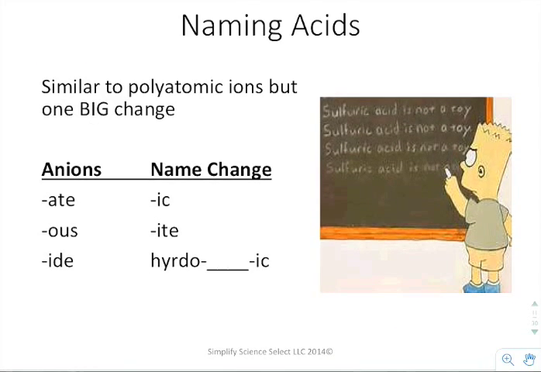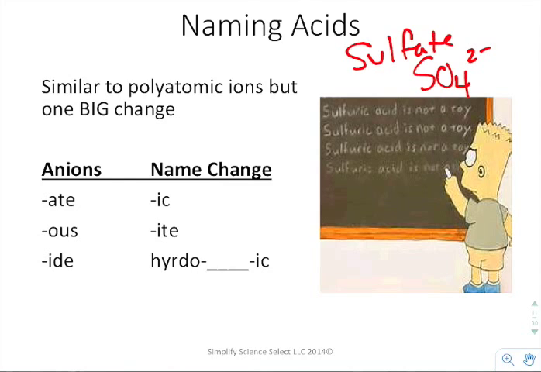So now, whenever you name acids, there's a couple of big rules associated with naming acids. And the most important thing is you have to know the polyatomic ions, because whenever you're changing something to an acid, you have to know the anion it's based on. So for example, sulfate is SO4 2 minus.